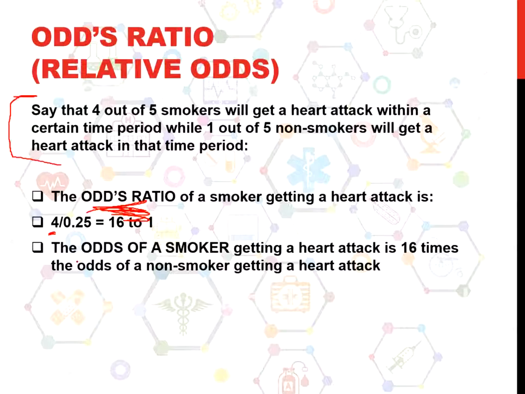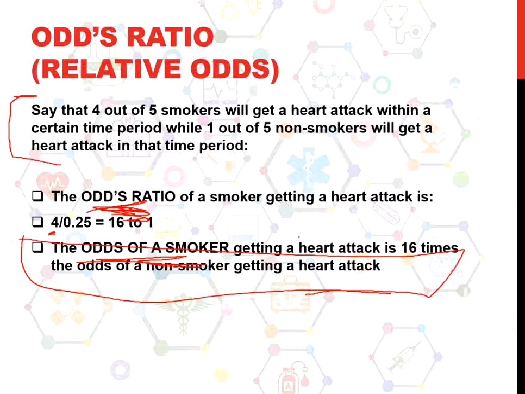Yan. So, the odds of a smoker getting a heart attack is 16 times the odds of a non-smoker getting a heart attack. So, ito ay depende sa tanong. Kung ano yung pinakang final na question. Dito natin i-base.